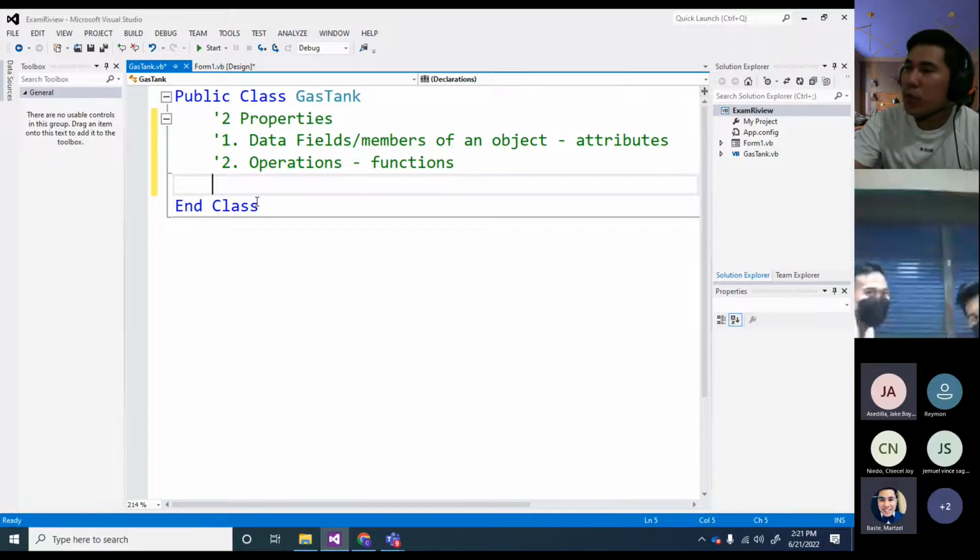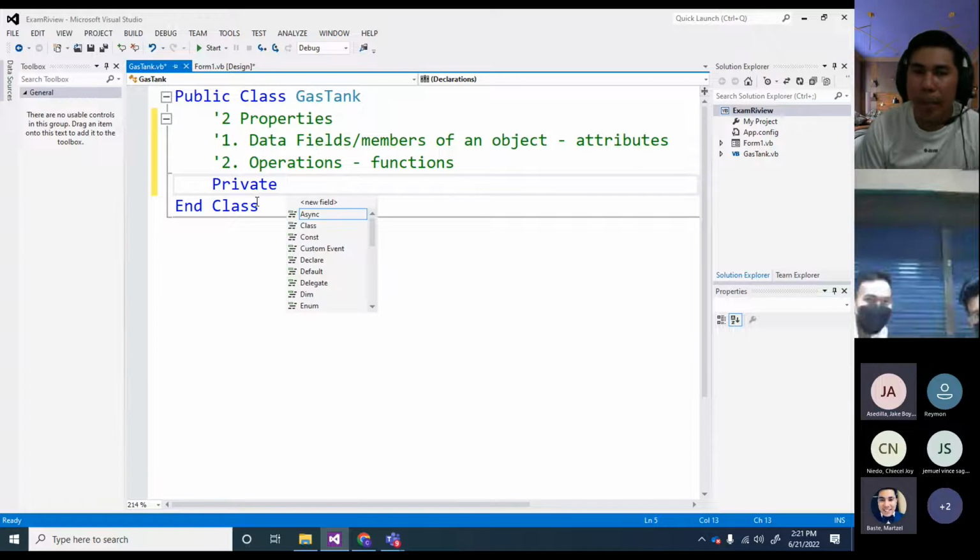So what are the properties of a gas tank?